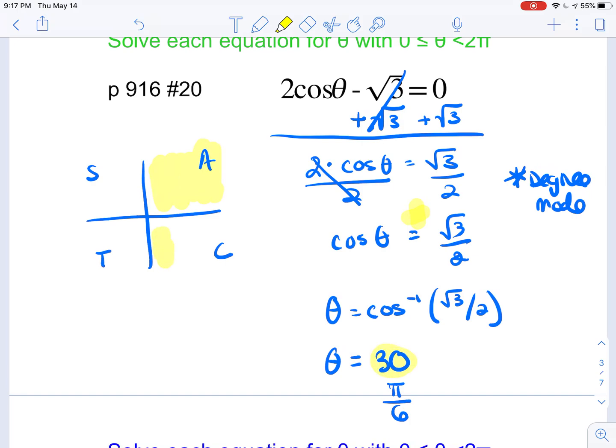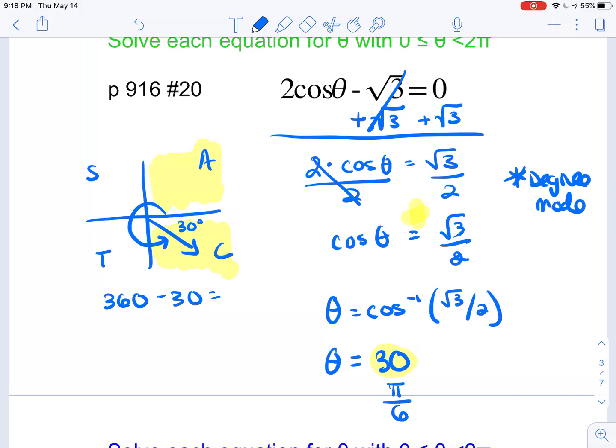We're looking for positive. So if we go back, all students take calc. If cosine is positive, we are in quadrant 1. Well, that's my 30-degree angle. And if cosine's positive, we're also in quadrant 4. So what is the angle in this quadrant that has a 30-degree reference angle?